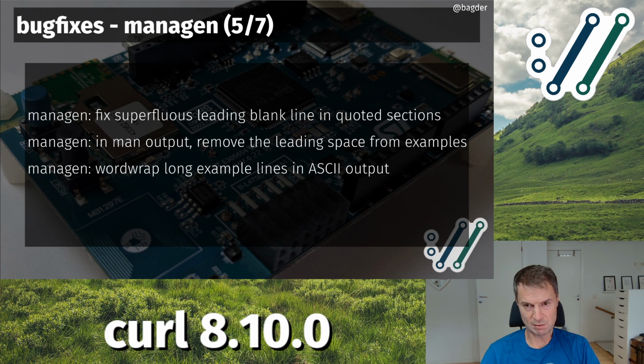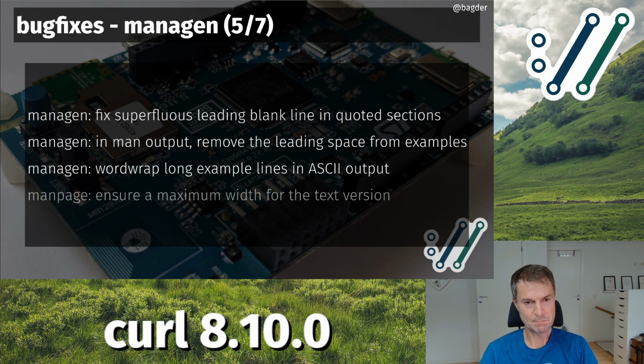Basically, the example lines could end up really long, and now we word wrap them in the produced text version of the man page, which makes nicer text version man pages, also visible with curl --manual. And there's also then a maximum width in general for the text version, so it word wraps nicer, pretty much.